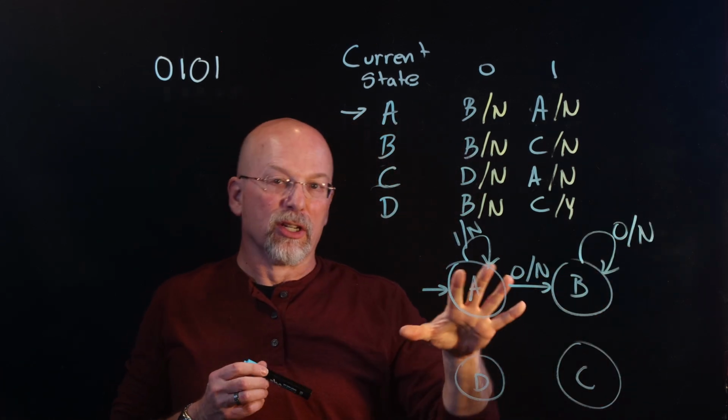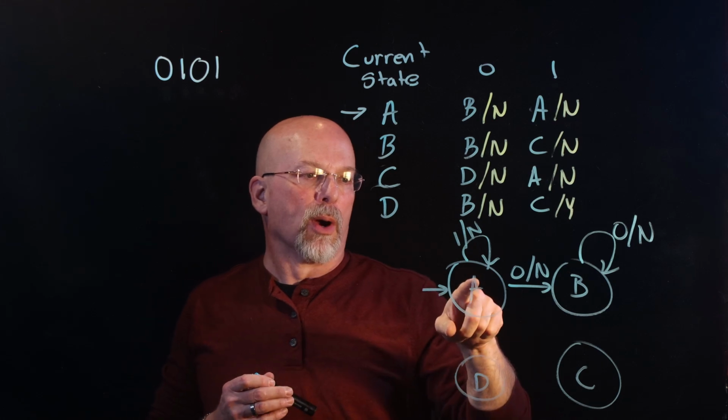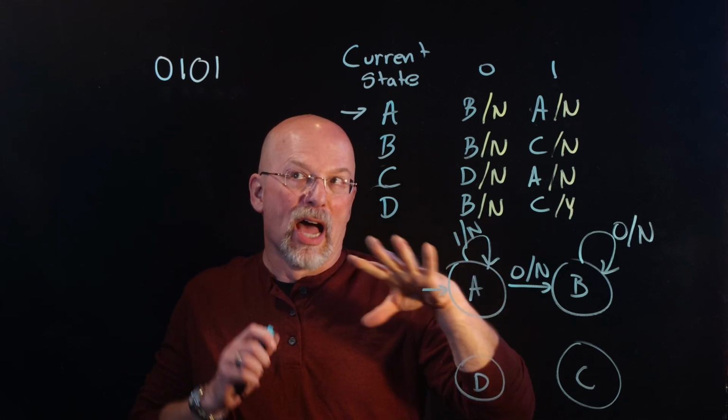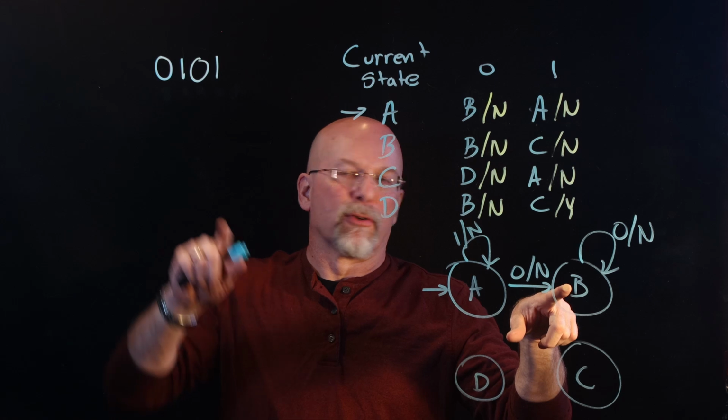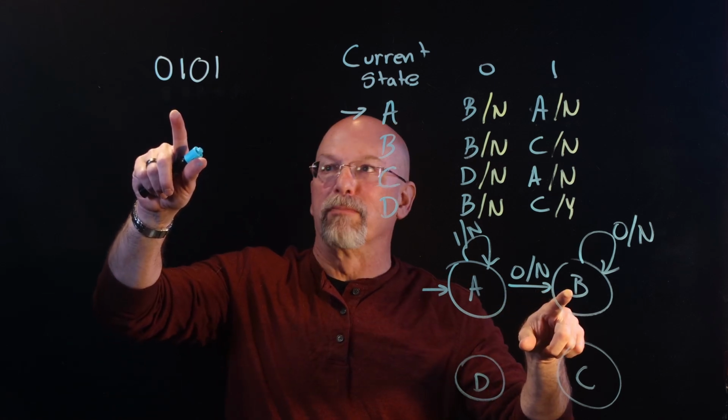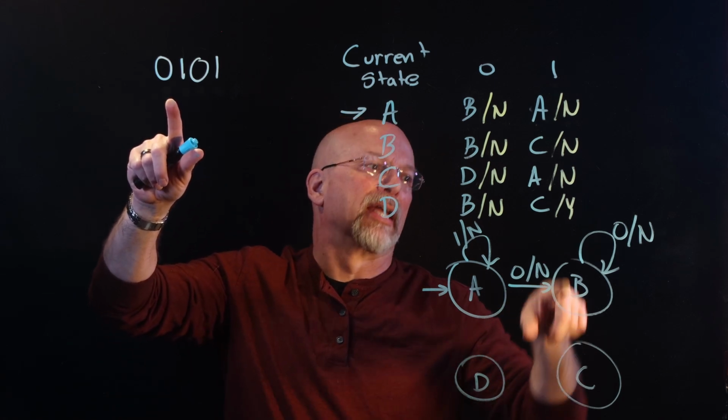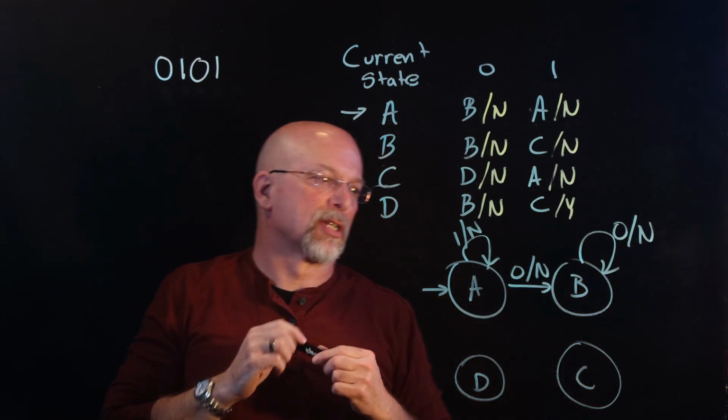All right, and this doesn't look that different than our first state machine, where as long as I keep getting 1s, I haven't found any of the pattern. When I get my first 0, I'm going to the first bit state, and as long as I keep getting 0s, I'm going to stay there.